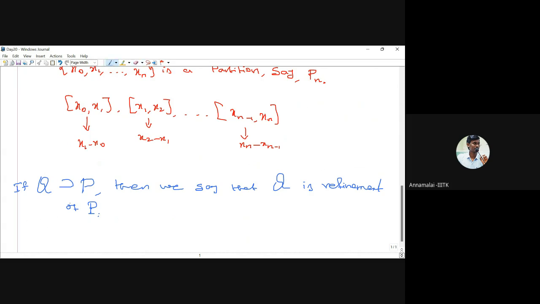The union of these partitions, P1 union P2, is called the common partition of P1 and P2. So given any two partitions, we can find a new partition, that is P1 union P2, which we call the common partition.